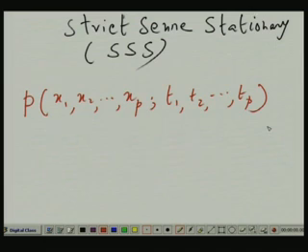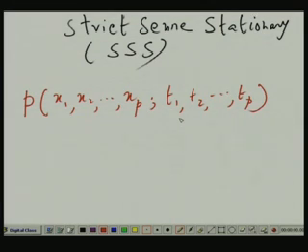So, the joint probability of x of t1 lying between x1 and x1 plus dx1, similarly x2 lying between x2 and x2 plus dx2, dot dot dot, x of tp lying between xp and xp plus dxp, that is given by this density function multiplied by dx1, dx2 dot dot dot dxp.